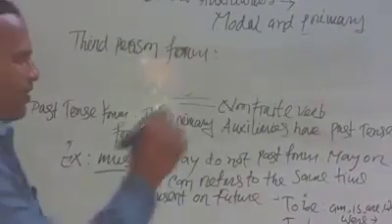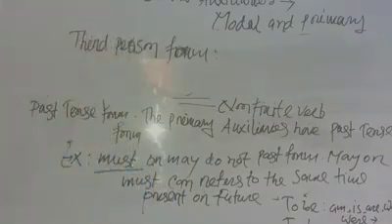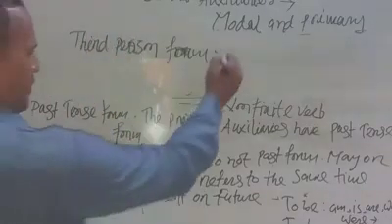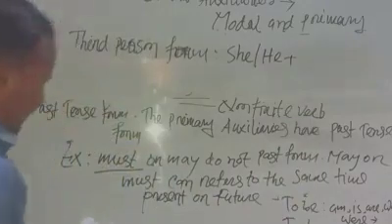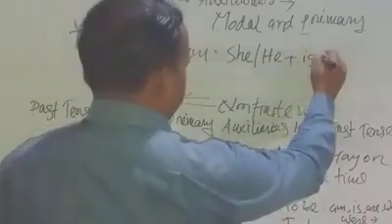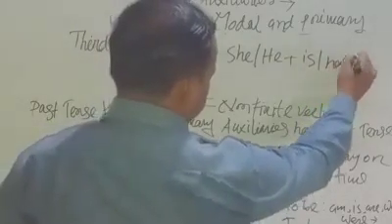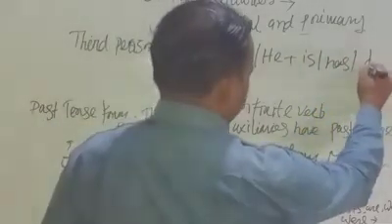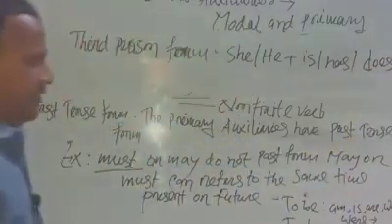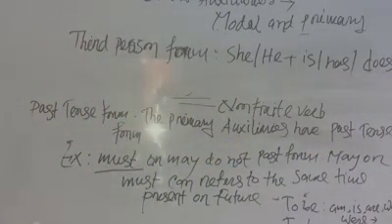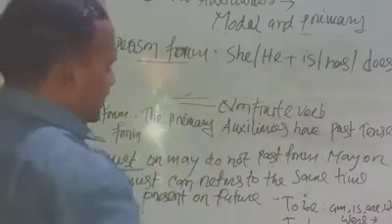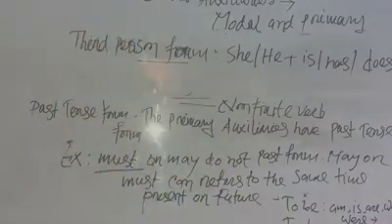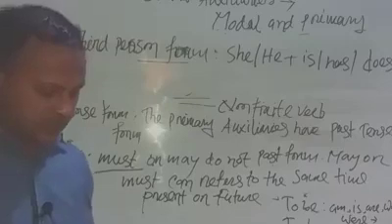The primary auxiliaries have a third person form, such as she or he plus is, has, and does. Dear student, focus on both. The primary auxiliaries have a third person form: she, he, it, is, has, and does.